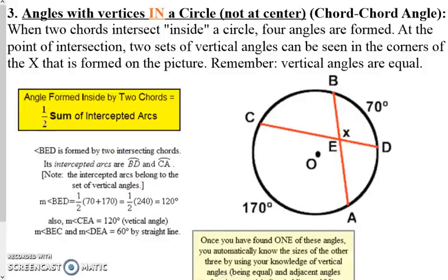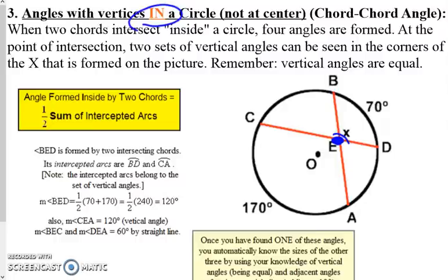Okay, the third formula here is new, and this is for a situation where your vertex is in the circle. Your vertex is in the circle, but it is not the center. If it is the center, then your angles become central angles, but this is where it's inside the circle, not at the center. In this case, to find one of these angles, it's 1/2 of the sum of the intercepted arcs.